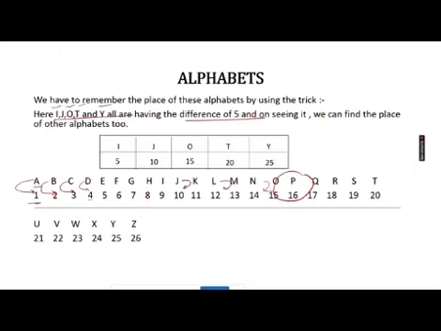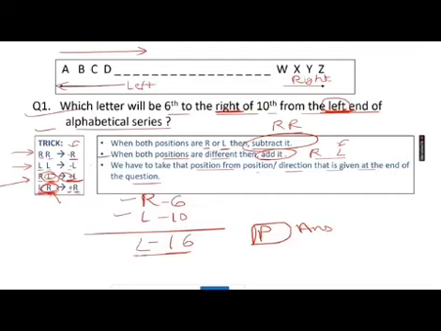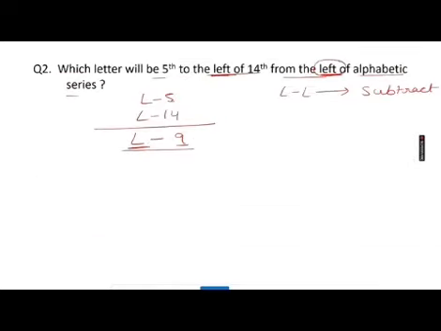And we have already discussed that the ninth position from the left end is I. So we just have to remember the values of the alphabets, on which positions they are placed. So the ninth position from the left side is the alphabet I. So our answer will be I.